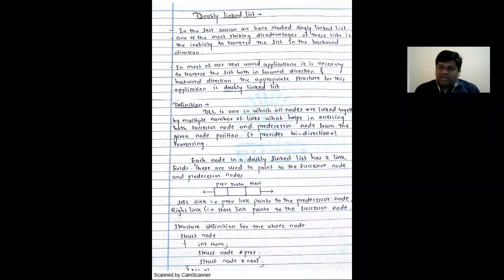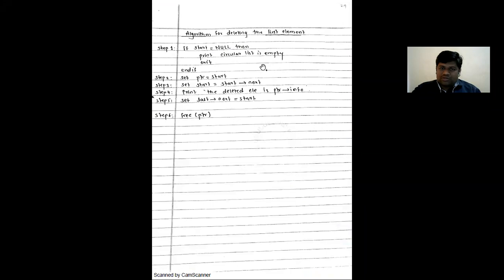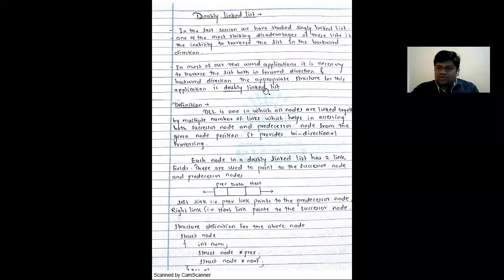Suppose I have typed SY BTech, and this same word is available 4 or 5 times in that particular PDF. How many results will you get in Control F? 4 to 5 results, right? Now suppose I want the third result. How do you identify that?